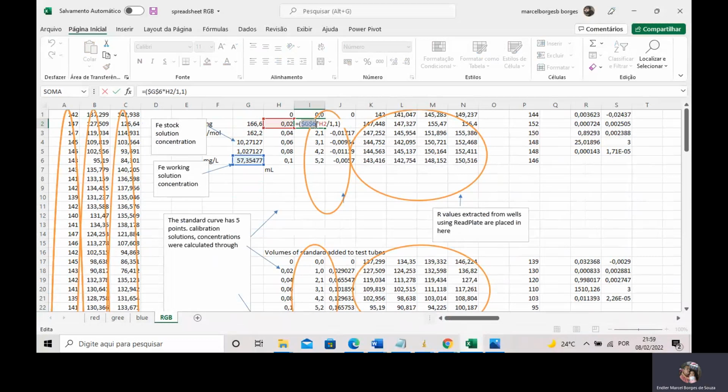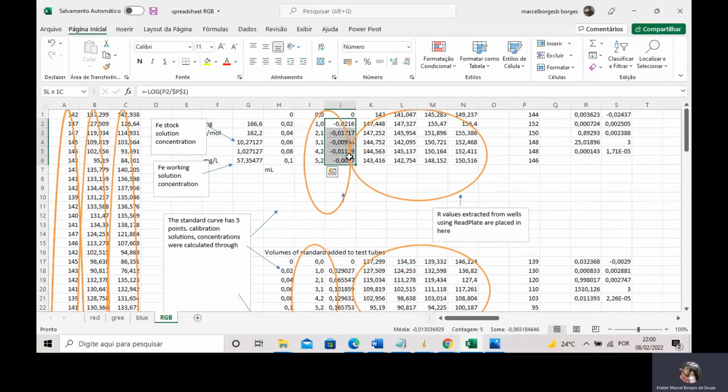I have in here the concentration of my working solution. I have the volume of the working solution that was added to the cuvette, and I have my final volume that was 1.1 milliliters. So in this column, I have my concentrations, and in here I have my analytical signal.